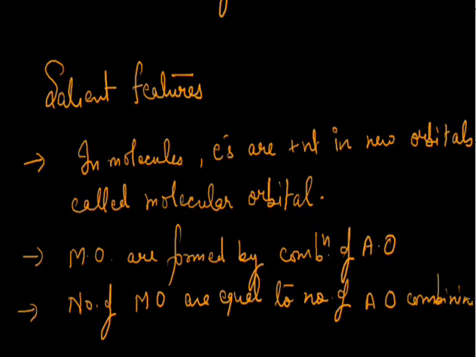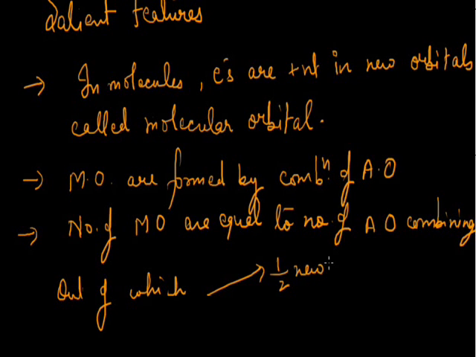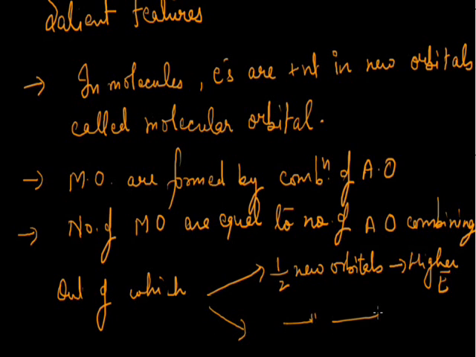Suppose 4 atomic orbitals are combining, then it will lead to the formation of 4 molecular orbitals, out of which half have energy higher than the atomic orbitals, and half have energy lower than the atomic orbitals.